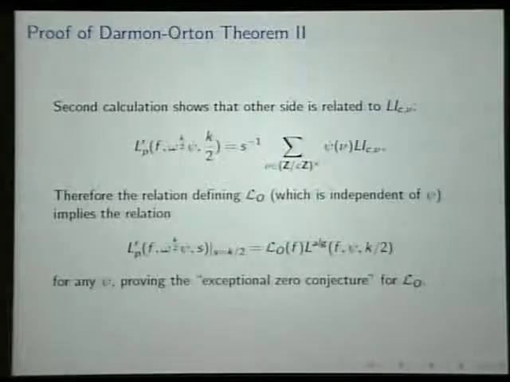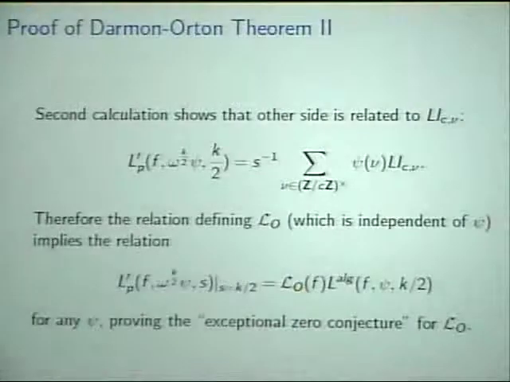So maybe you could in some way think of them as the partial L functions or something. You have a relation there. So whichever psi you pick, you still have this same number appearing. And the original exceptional zero conjecture was phrased in that way. It said that there was some number such that these two things were related in this way, and the number was independent of any twists that went into it.